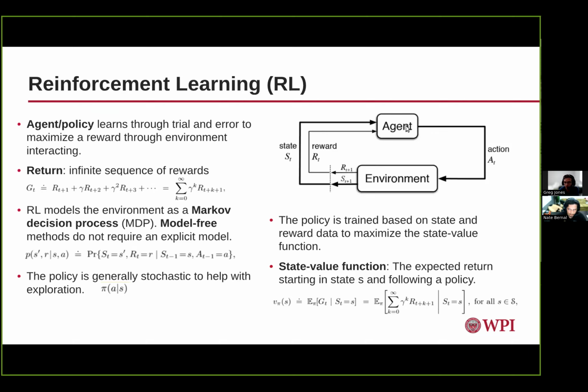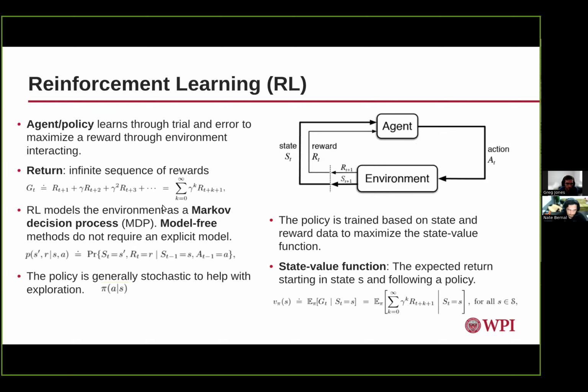How it does that is the agent or policy applies a specific action to the environment. The environment is stepped forward by one time step and then returns a next state as well as the reward. The return is defined as an infinite sequence of these reward interactions.